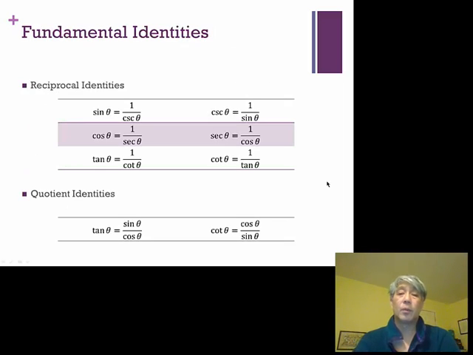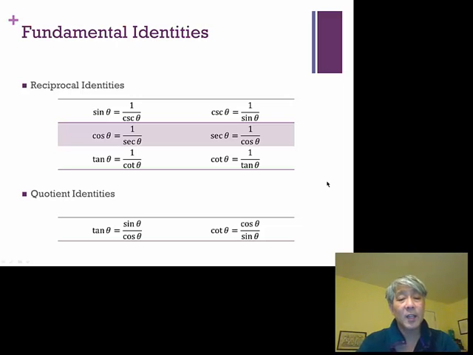Okay, so our fundamental identities. We have the reciprocal identities. We've already talked about the fact that sine theta and cosecant theta are inverses of each other. Cosine and secant are inverses of each other. Tangent theta and cotangent theta are inverses of each other. Okay, then we have the 2 quotient identities.